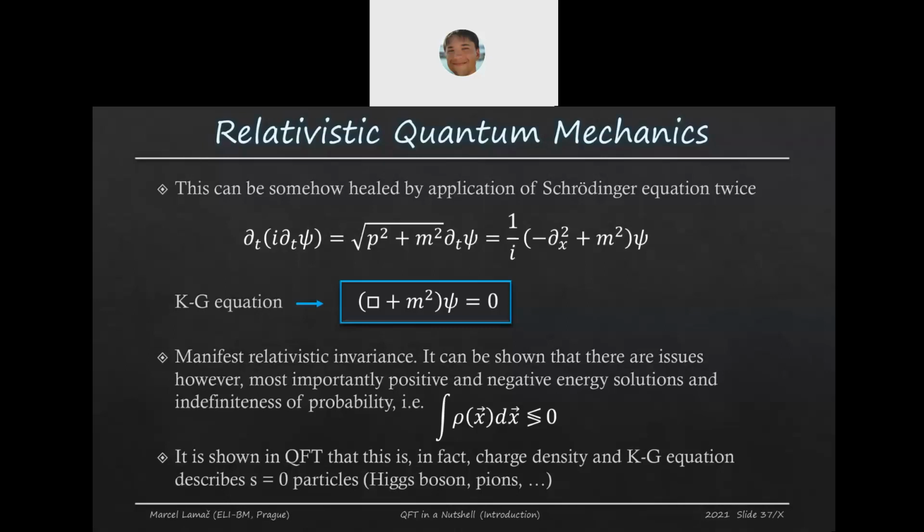It turns out that this Klein-Gordon equation on its own has some usefulness, and it is in fact related to the evolution of scalar particles with spin equal to zero, which are, for example, the Higgs boson or the pions, basically bosons with spin zero. These correspond to scalar fields with only one component, and these fields will evolve according to the Klein-Gordon equation. So the equation is not lost on its own.